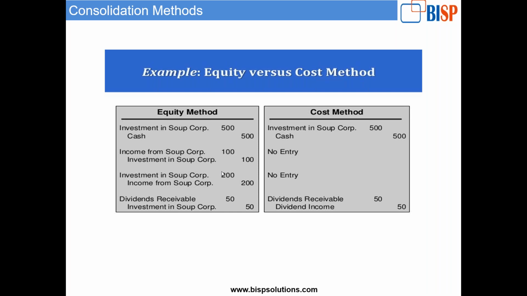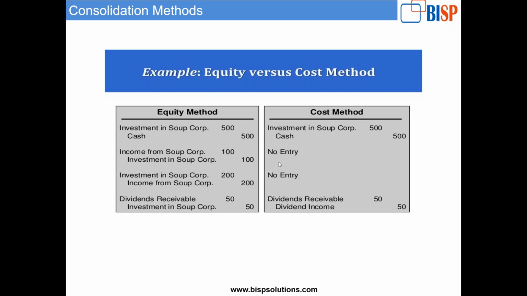The final value of the investment comes to 400 under the equity method. In the next year, the company earned a profit of 200, so we credited the income by 200 and increased our investment amount by 200. Now the investment amount comes to 600.